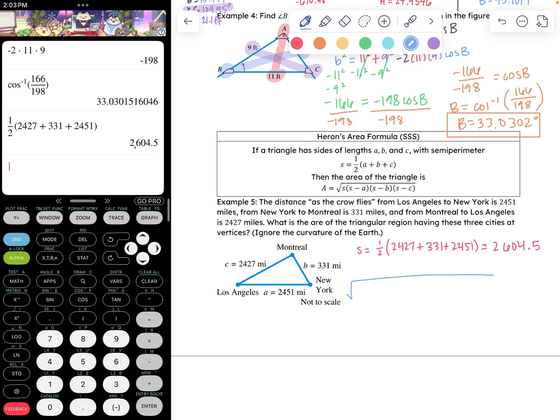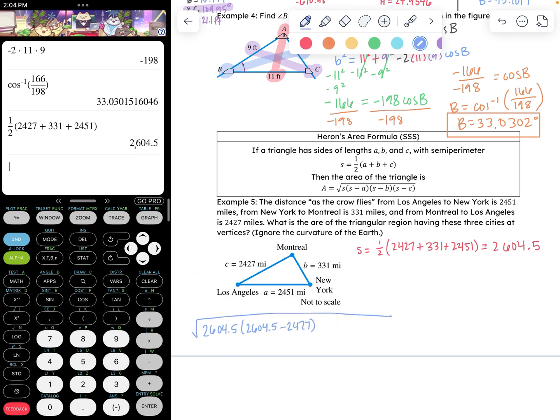So it's going to be the square root of that 2604.5 times that 2604.5 minus 2427. I'm going to need to move this down here where I've got more room. Times that 2604.5 minus the 331, and the 2604.5 minus the 2451.